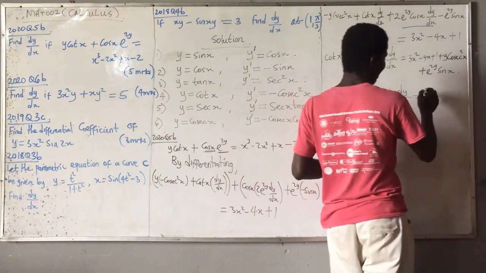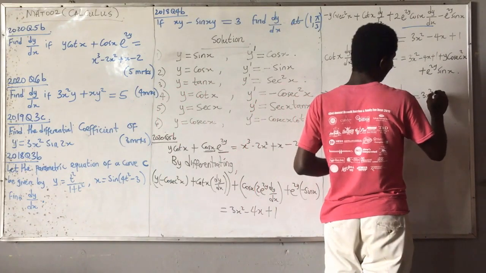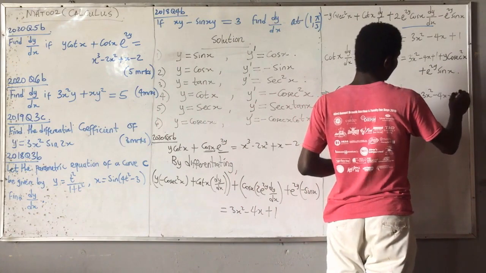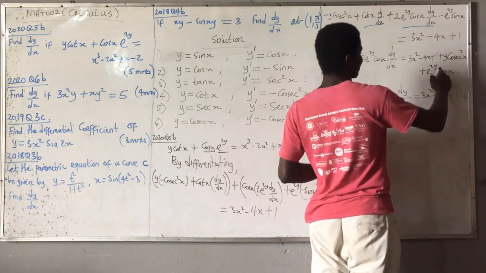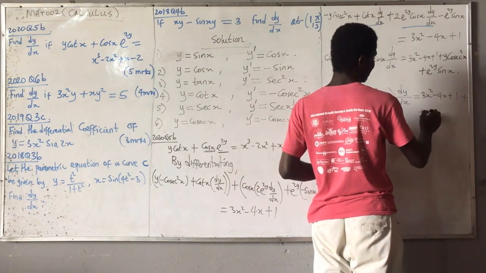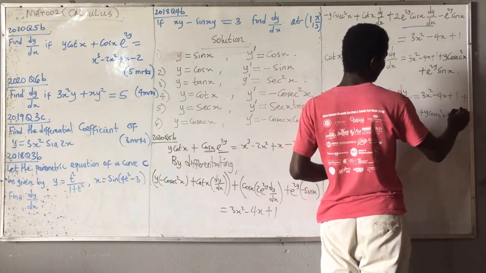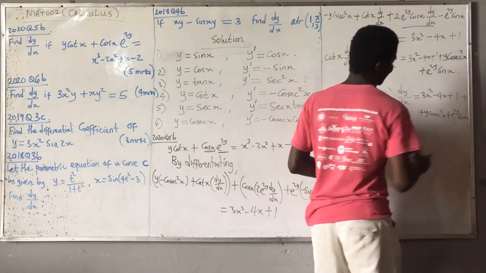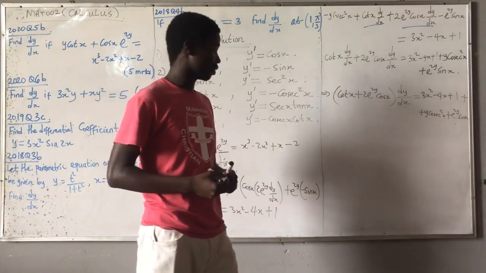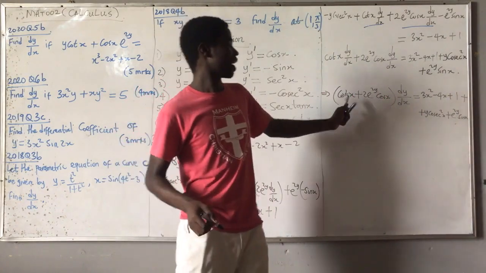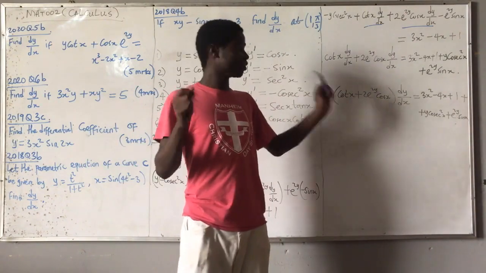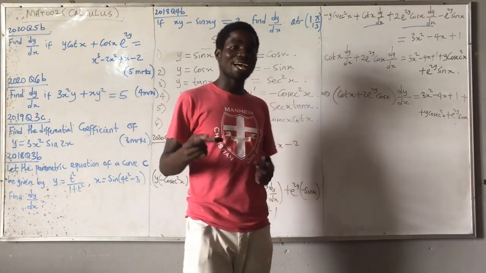What's on the right hand side? I have 3s squared minus 4s plus 1 plus these two things. Let me write it here, plus y cosec squared s plus e raised to power 2y sin s. That is what you are going to have. Now, divide both sides by all these things to get your final answer.